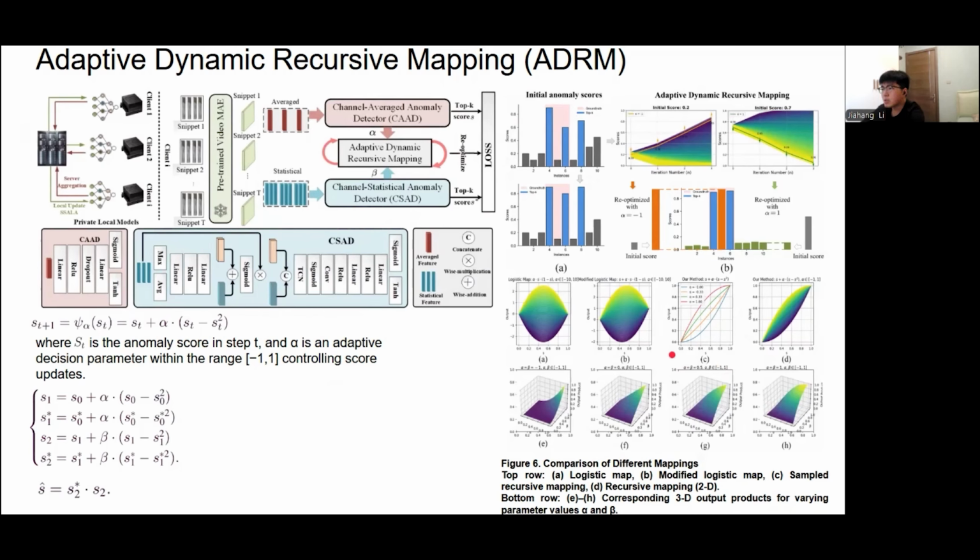The x-axis is the input score, and the y-axis is the output score, and the different lines represent different values of the decision parameter. For example, if the input score is this, and the decision parameter line is this, we can get the output score to be lower, could be this.